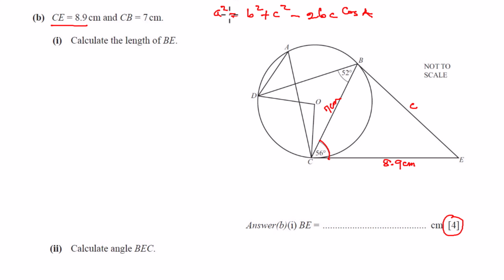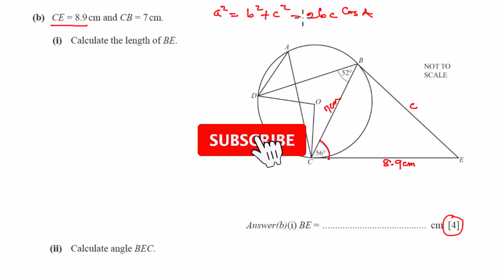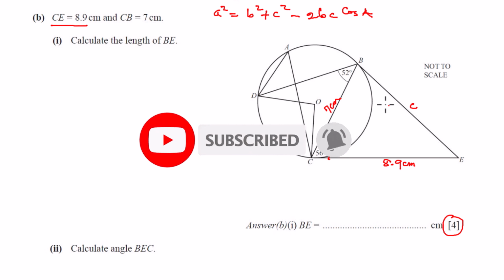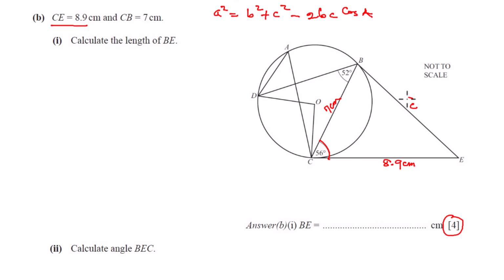forget about what variables I have used to define the formula here. Let's just go ahead and substitute what we have here. The most important thing to remember is that if you are starting with this side, then this angle here must be this angle here. That's the way it is. So I'm solving for c. This is going to be c squared is equal to a squared plus b squared minus 2ab cos C. So let's go ahead and substitute.